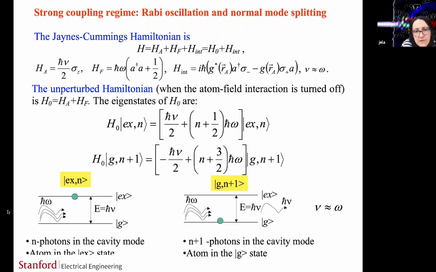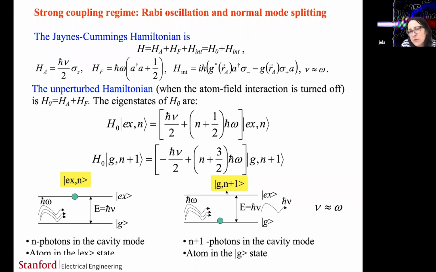So here is the illustration of that. Ex, n means you have n photons in the cavity initially, and the atom is in the excited state. Of course, we still assume that the transition of the atom is resonant with the field, nu is equal, or roughly equal, to omega. And if the atom decays, it goes to state G, and then you will have one extra photon in the cavity.